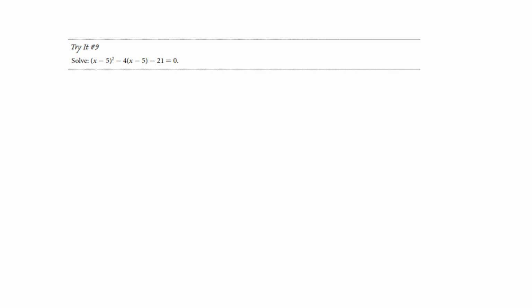Okay. Now pause if you want to try, but the key to this is I'm going to make this substitution. If I do, this is going to make this u squared minus 4u minus 21 equals 0. This doesn't have an a in front of this u squared, so this is good old-fashioned: let's just find two numbers that make negative 21 and add to get negative 4.